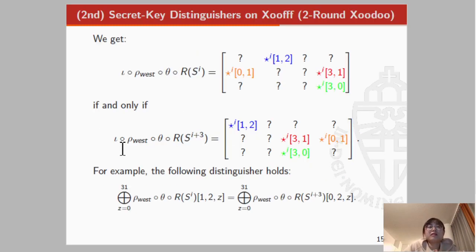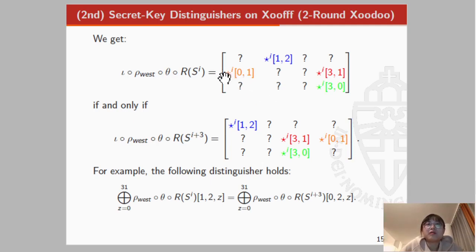With the parity, we found the second distinguisher on two-round Xoofff. After the iota operation in the second round, we have another relationship between two states. The parity on lines marked by the same color are equal.